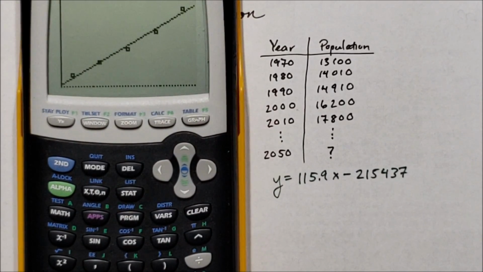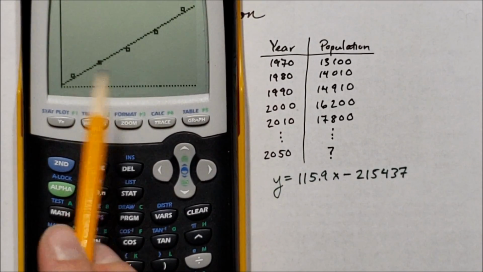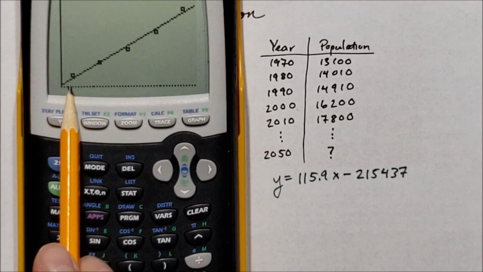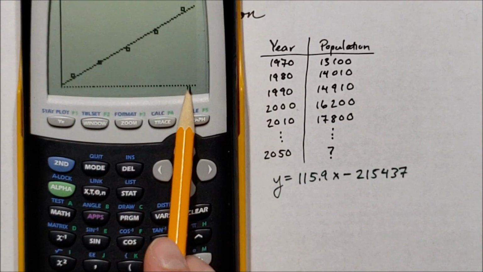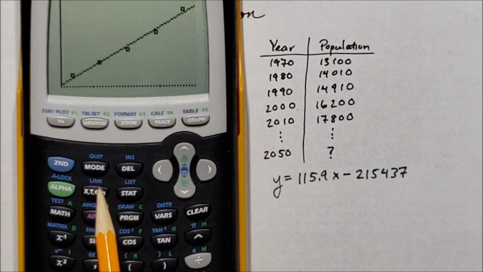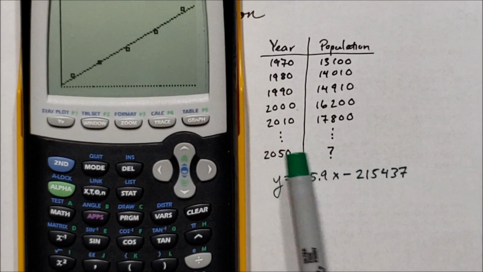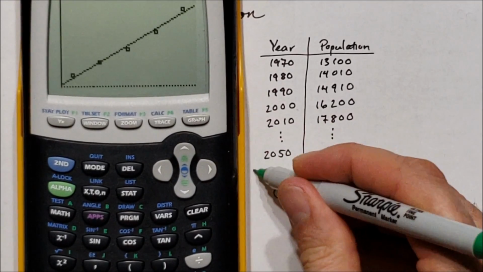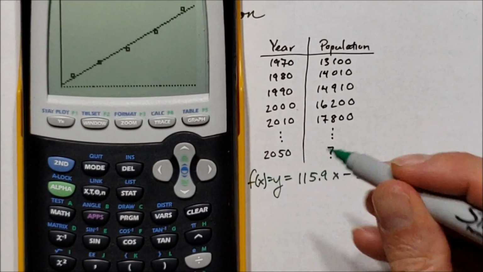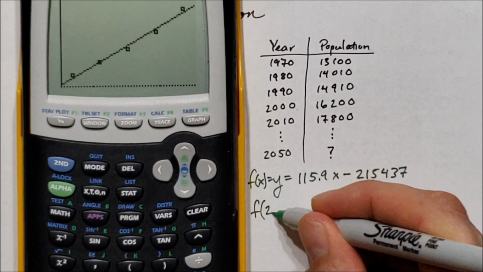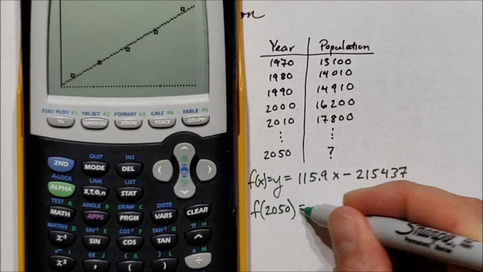Lo and behold, for the window that we're looking at from 1970 to 2010, that linear equation models it fairly closely. But what about 2050? If this is f of x equals, we want to know, well, what about 2050? What does that equal?